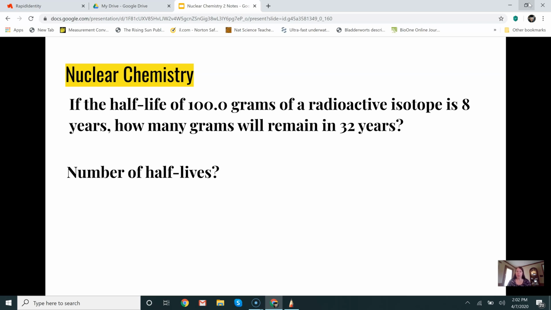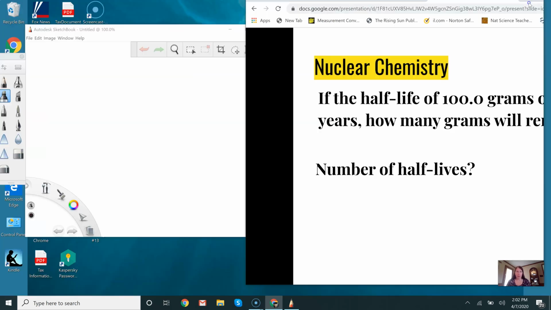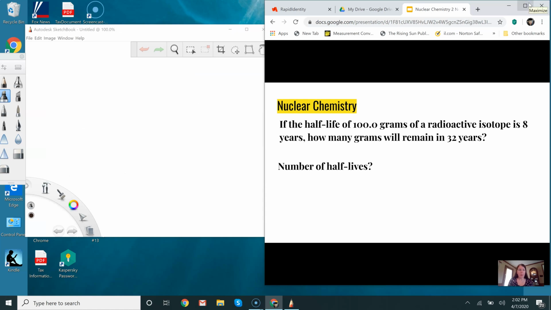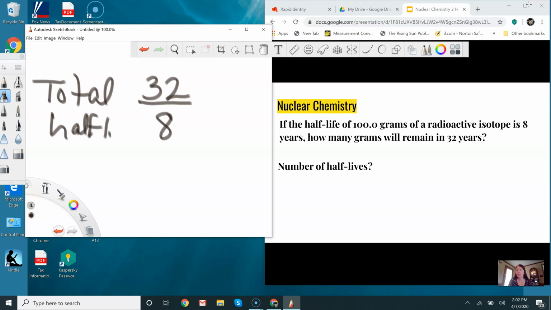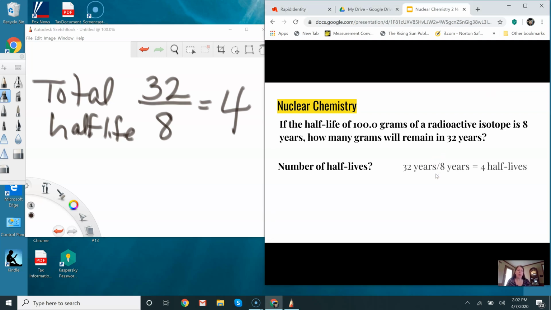In this case, our total time will be 32 years, and then the half-life is 8. If we do 32 divided by 8, we get 4 half-lives. So we know that 4 half-lives occur during that time.